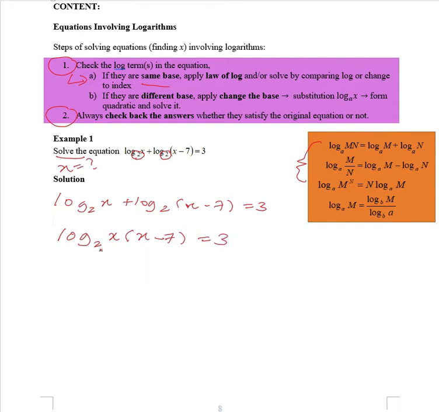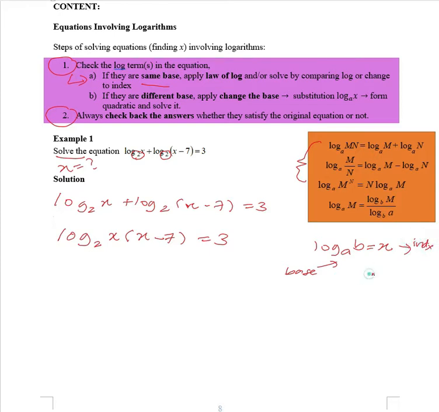Next, to solve this, you just have to change from log form to index form. Remember the formula. If let's say this is your log, to change it to index form, remember this is base and this is the exponent or the index or the power.